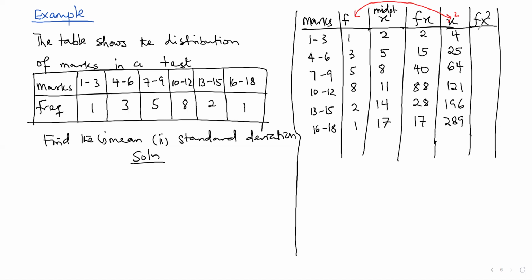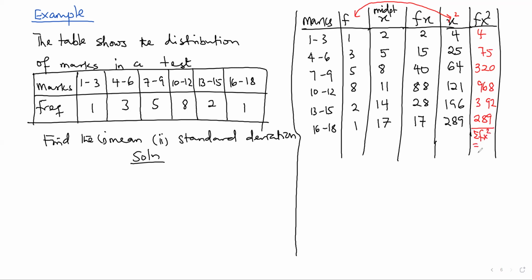So 1 times 4 is 4. 3 times 25 is 75. 5 times 64 is 320. 8 times 121 is 968. 2 times 196 is 392. 1 times 289 is 289. So we sum all this.